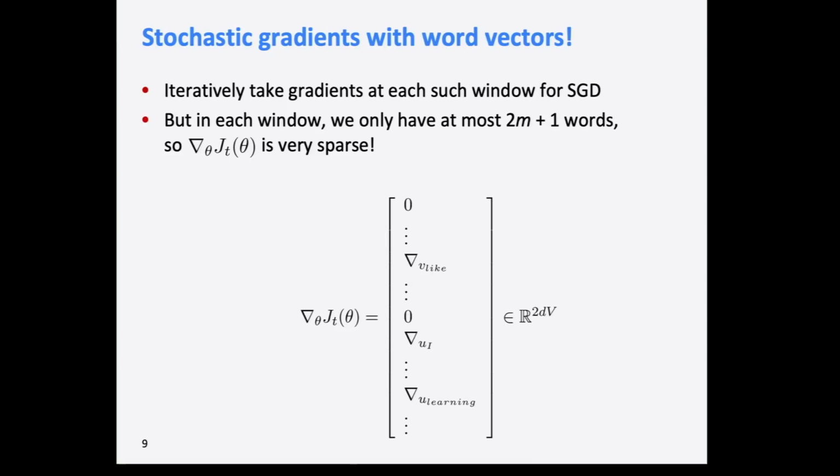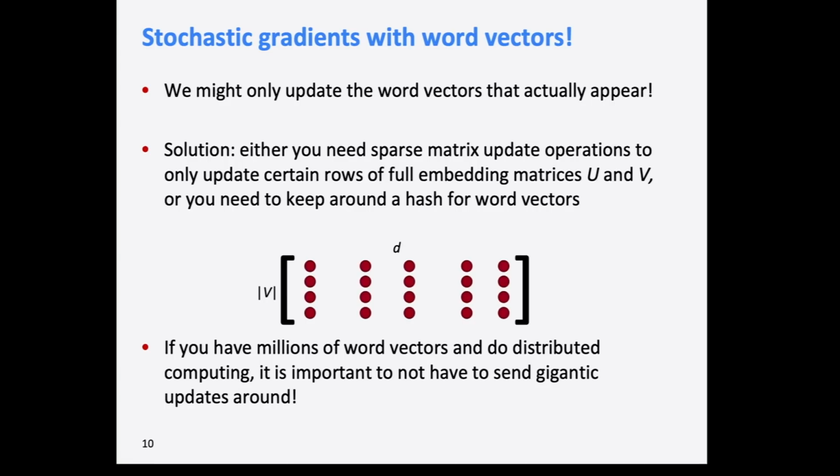And so we really have a very sparse parameter update. That suggests that we probably want to only update the word vectors that appear. Then the question is whether you can achieve that. The dumb way to do it is you just have this matrix that's normally nearly all zeros, and you say, add those two matrices together, and there you go.